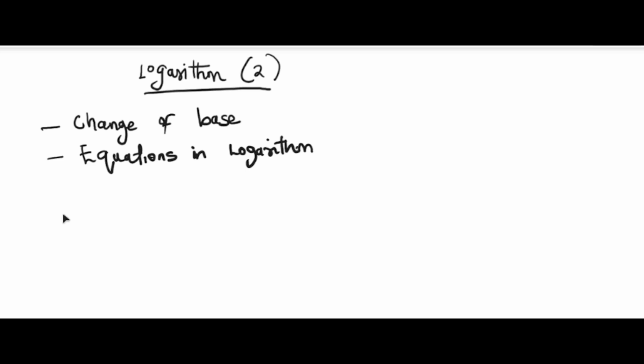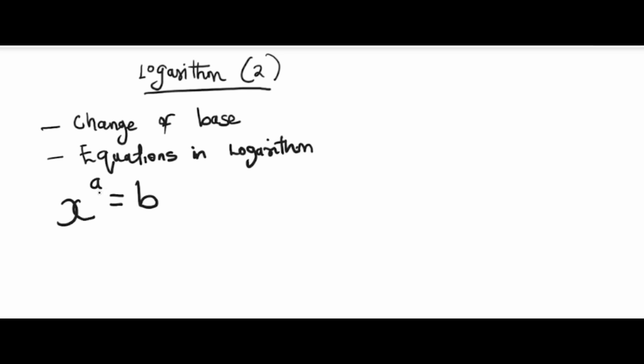Alright, so first of all, recall the meaning of logarithm. Remember we said that logarithm answers just one simple question: to what power must a base be raised to obtain a given number?